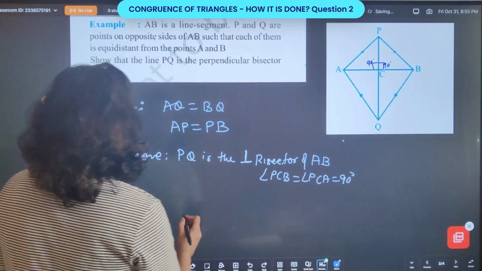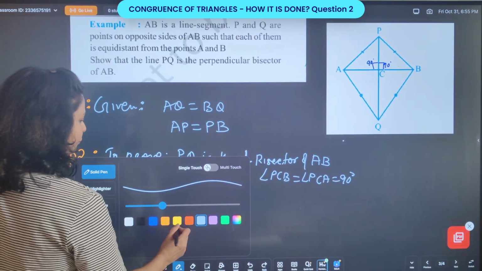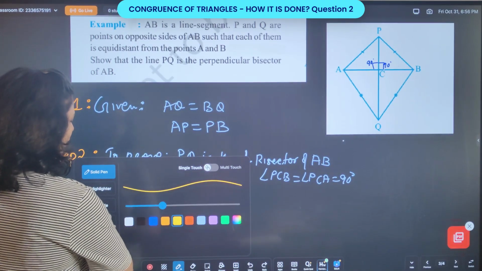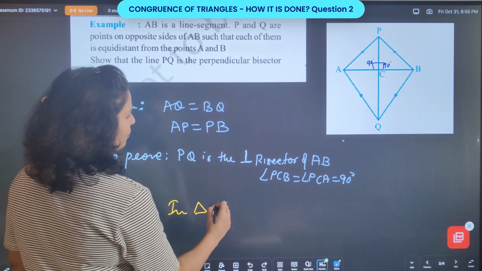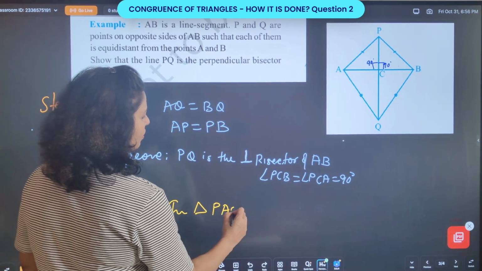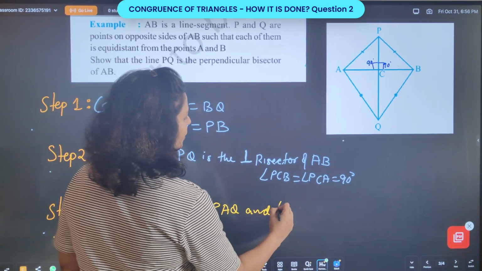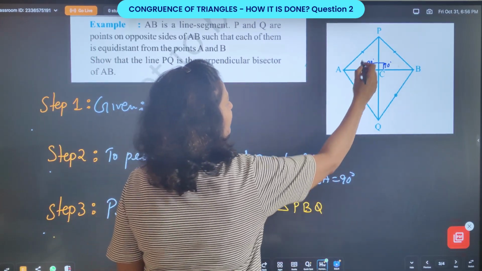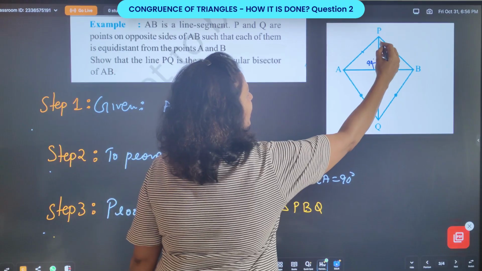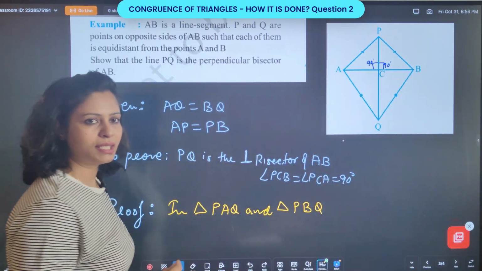First I am taking triangle PAQ and triangle PBQ. I am taking this whole big triangle and this triangle, as you can see in the figure.